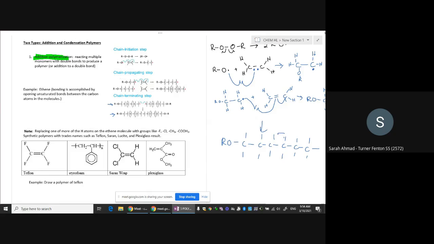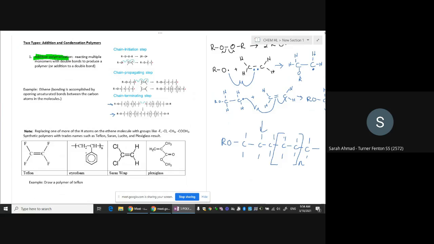So what we do is we make square brackets around the repeating monomer, which was ethene, carbon and carbon, and we do n for however long it is. Okay? Now, the cool thing about addition polymerization is that if we replace the hydrogen with fluorine, you end up getting Teflon, that non-stick stuff on those pans.